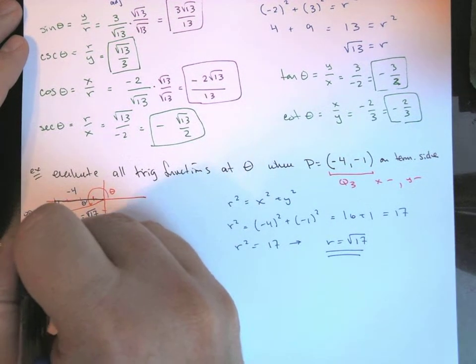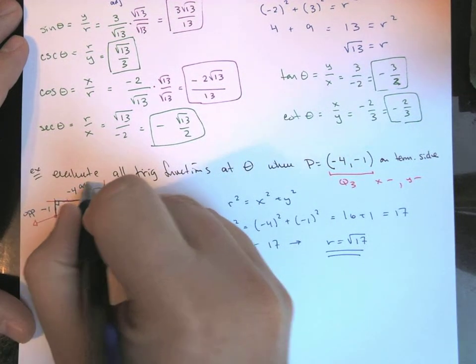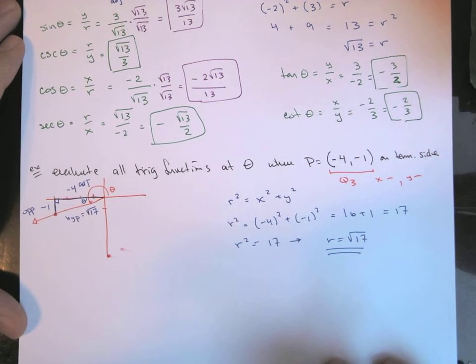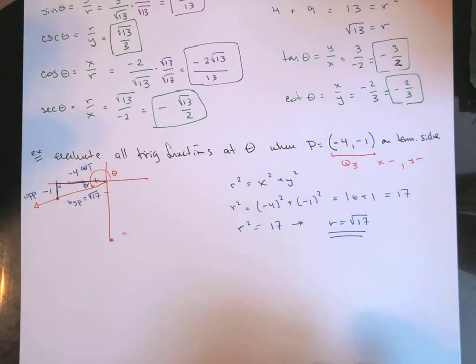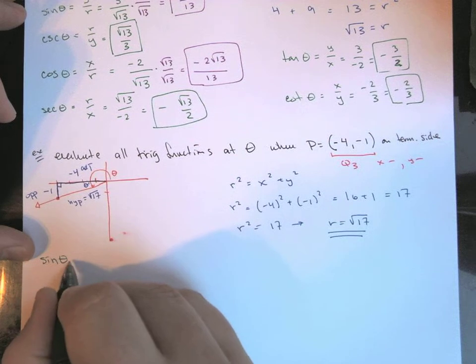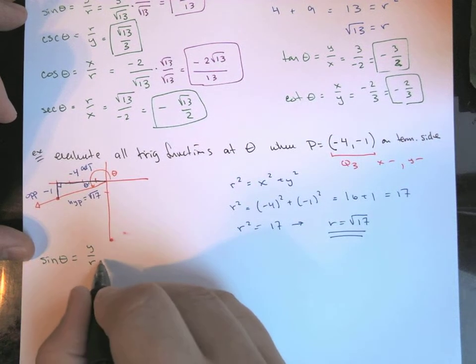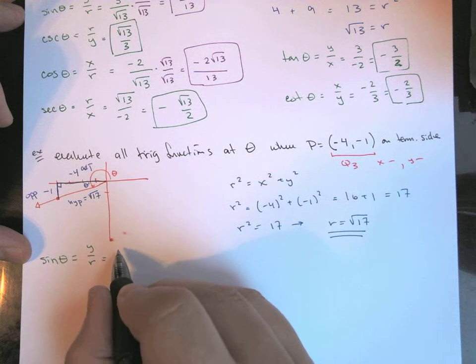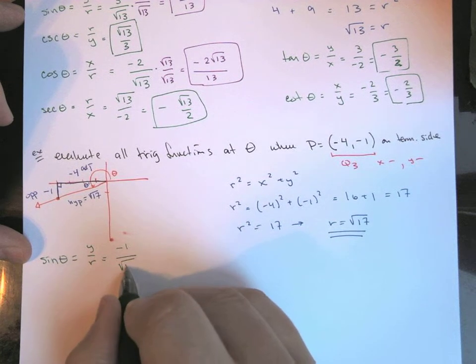Right, our opposite here, our adjacent is here. So we can just run all these trig functions down. Let's do it. We'll go kind of in the same order we did before, I suppose. So sine theta, that's the y value over the r. So that's for us going to be what? Negative 1 over the root.